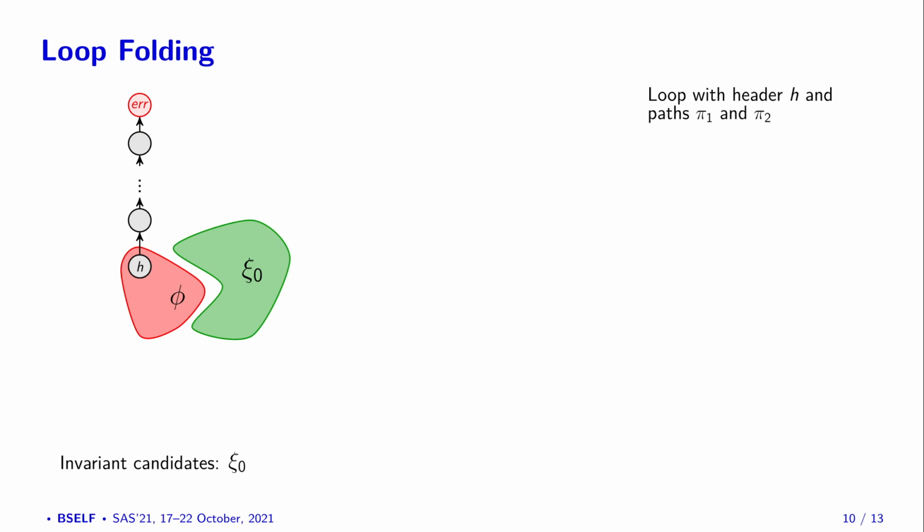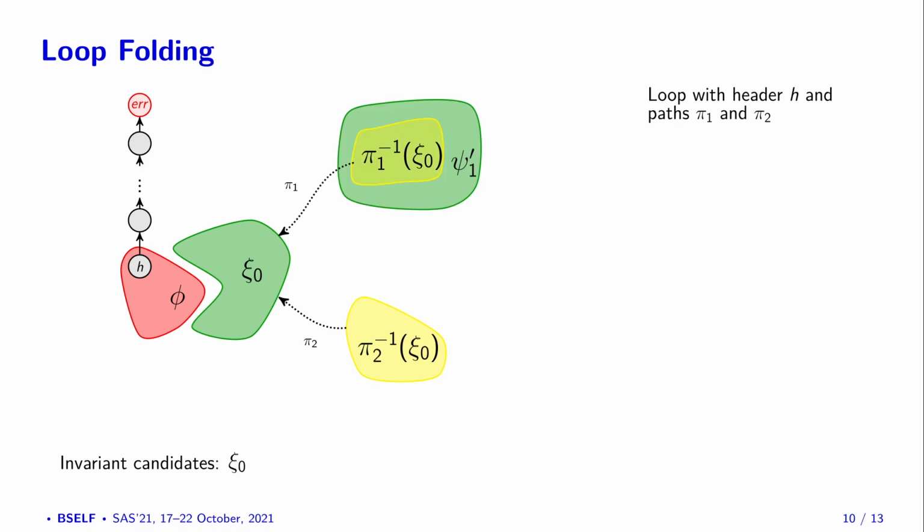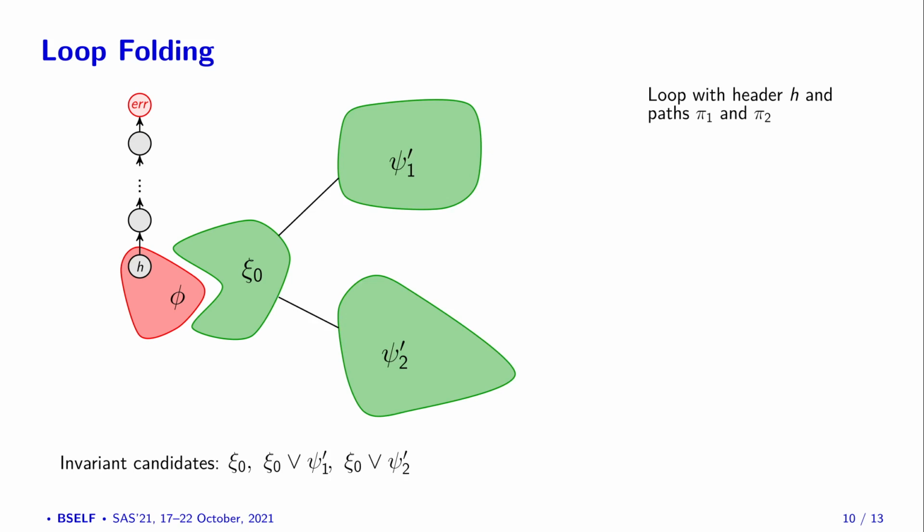If xi0 is not an invariant, we compute its preimage over each path of the loop. Then we over-approximate these states to psi1 prime and psi2 prime, such that these new states are still disjunctive with the error states. These over-approximated states, together with xi0, are new invariant candidates.